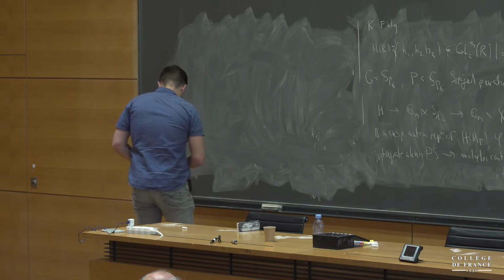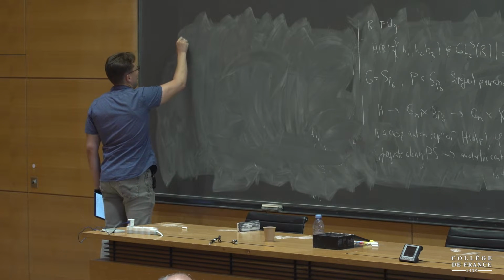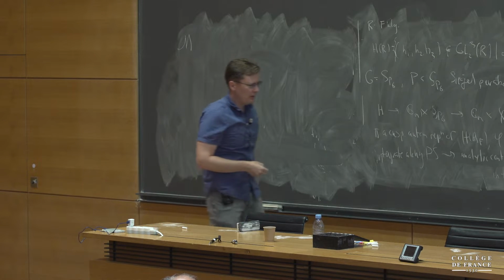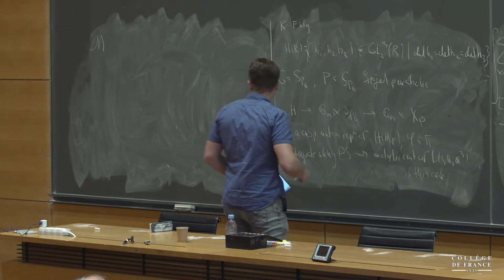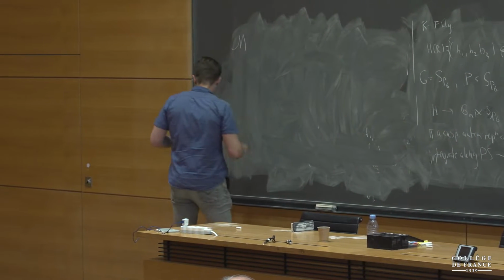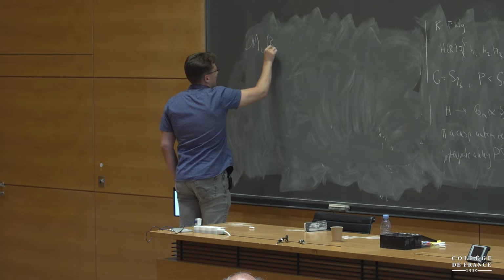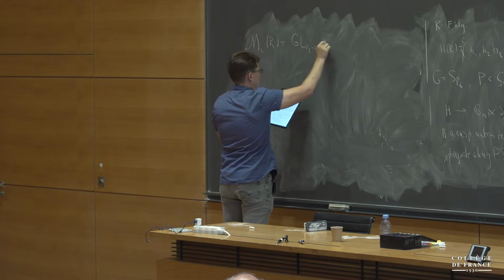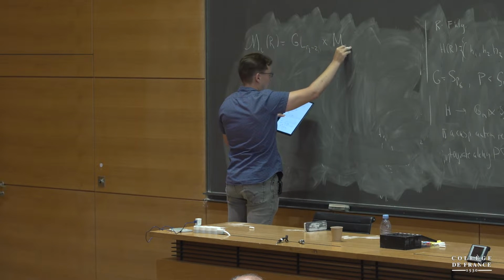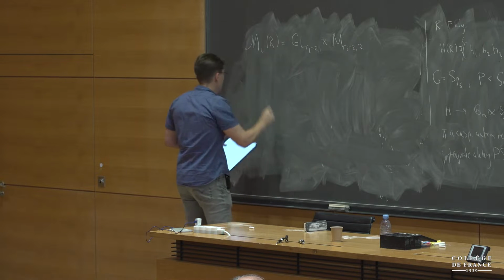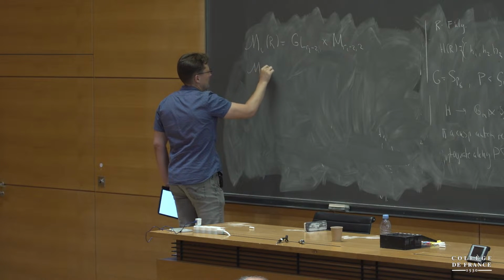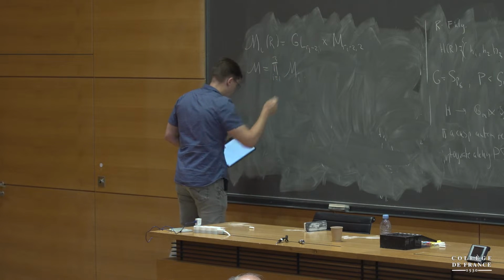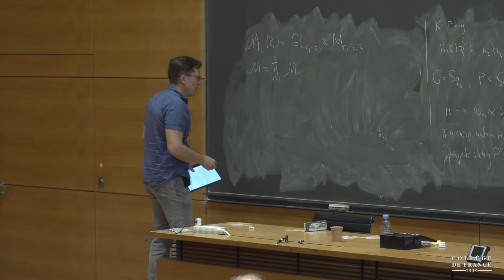And what's the space? I apologize for this. It's easier in LaTeX to tell the difference between a calligraphic M and a straight script M, but this is the space I'm going to be looking at. So what's the action then?